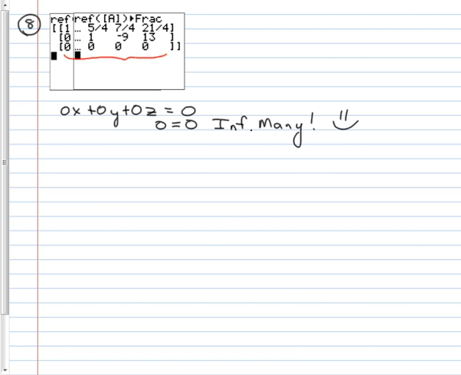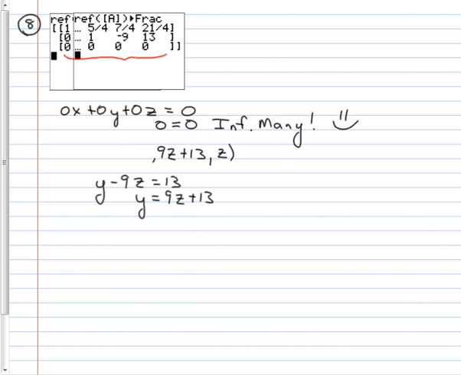What do we do now? Let's solve it in terms of z. Z is going to be z. And then we're going to back up. 1y minus 9z equals 13, which means y equals 9z plus 13.